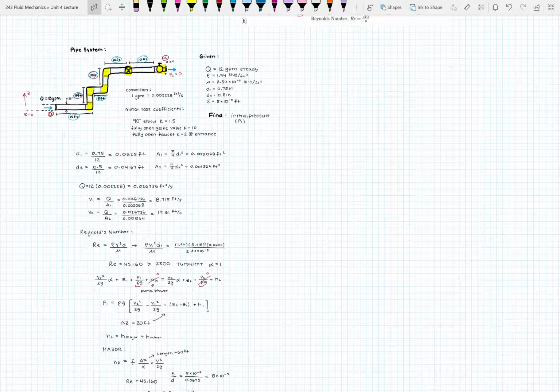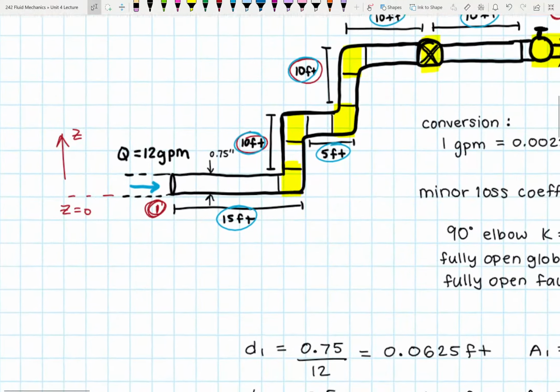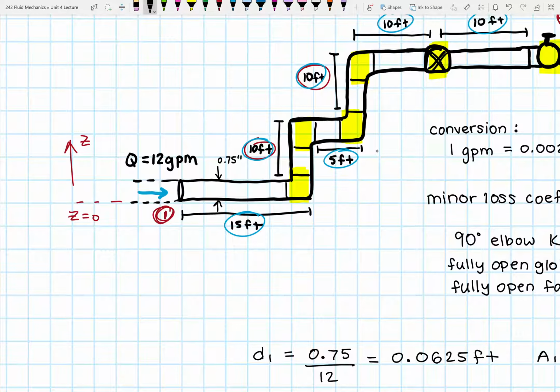But now something I want to think about is, let's pretend that our Q is a lot lower. Let's pretend that our Q is now going to be, let's say, 0.482 gallons per minute.